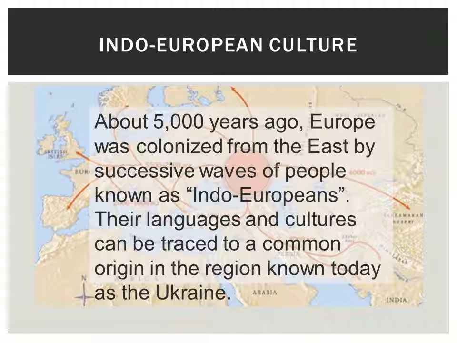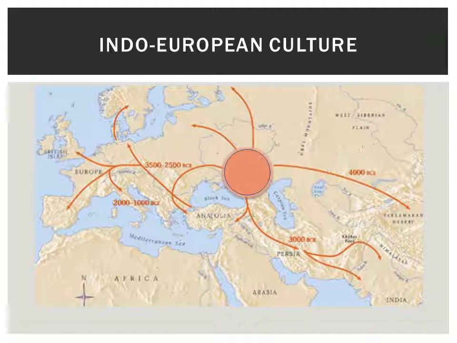Okay, the Ukraine. So you've got something like this. You can see that they also went down into Asia, into India, and the origins of many of the people in those areas is also the same cultural origin.